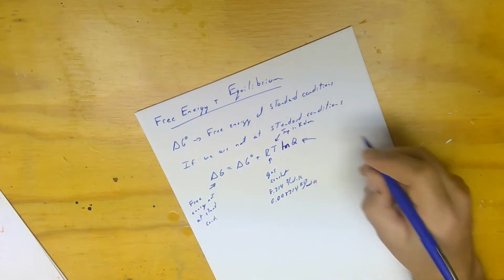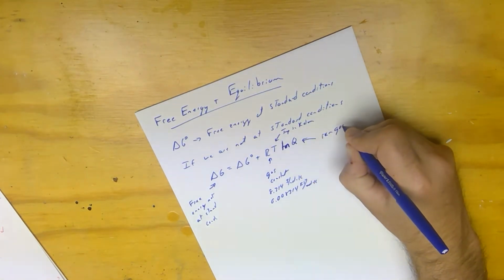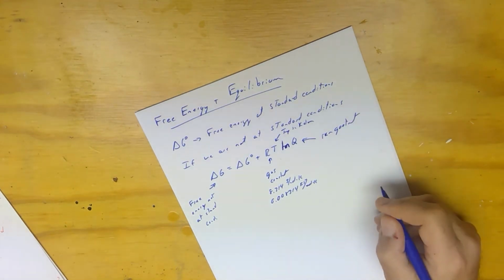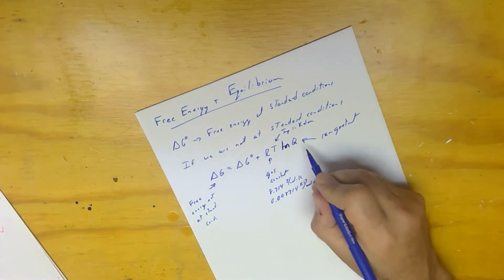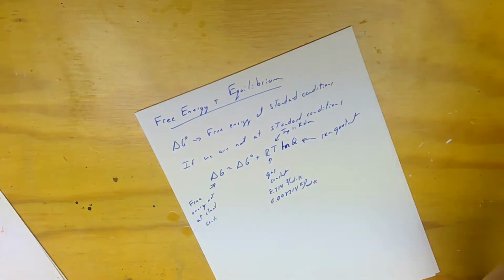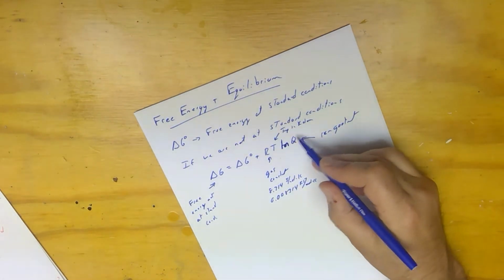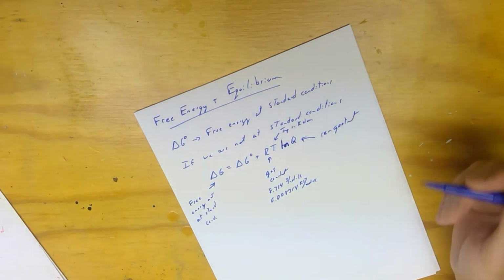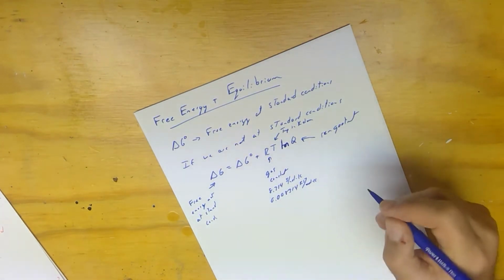And Q, if you remember, is our reaction quotient. Now, remember, Q is just using our equilibrium expression and throwing in the numbers that we're at. Okay, and we'll go through one of those. So our Q is really just our equilibrium expression with the values that we have at the time.